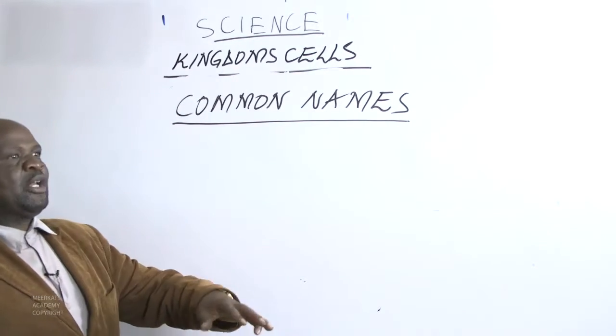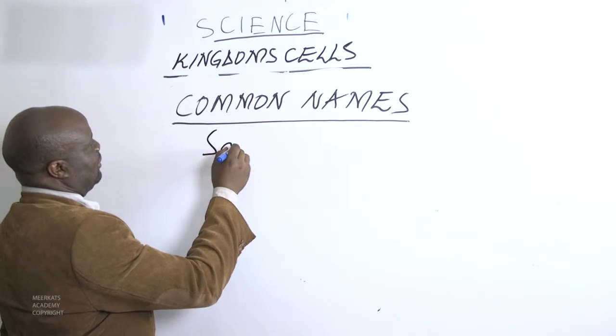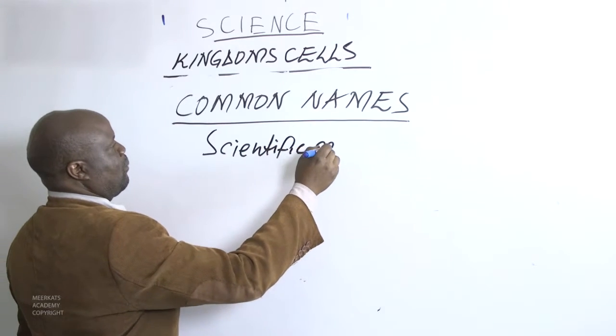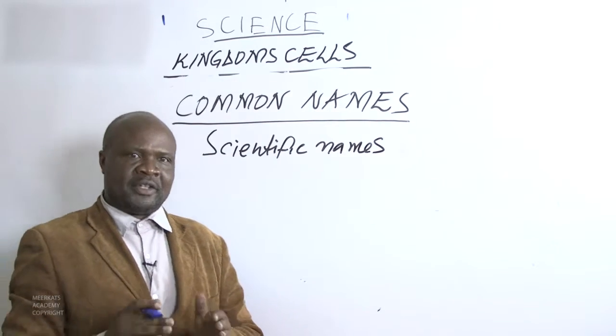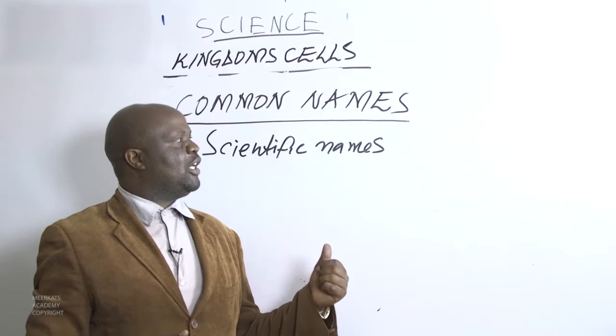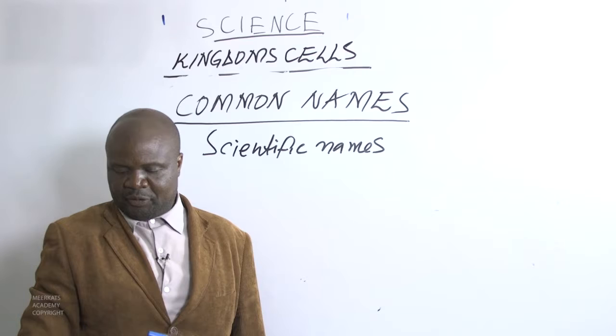So we have common names that can bring confusion, but we have scientific names. There is a process, a way that you give scientific names. Scientific names identify a particular organism and cannot be confused with another.